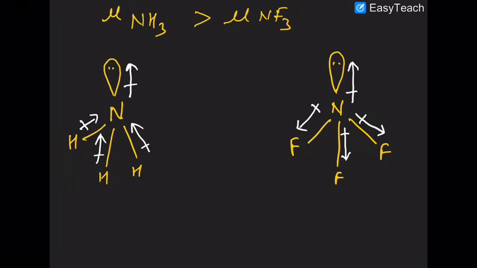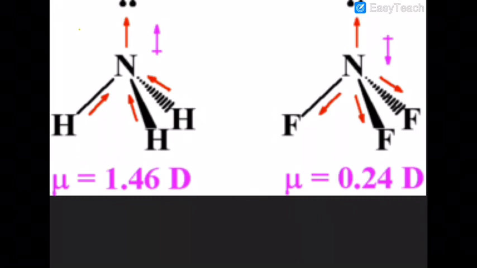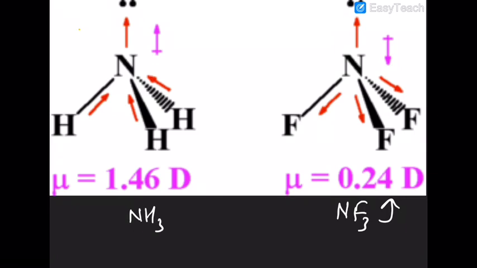So here the bond moment and lone pair moment are additive in nature, and due to that the dipole moment of ammonia is larger than that of NF3. The dipole moment of NF3 is only 0.28 D, but the dipole moment of ammonia is 1.46 D.